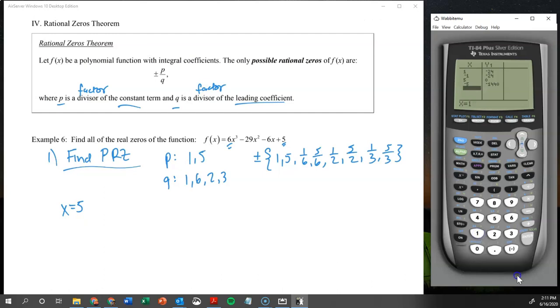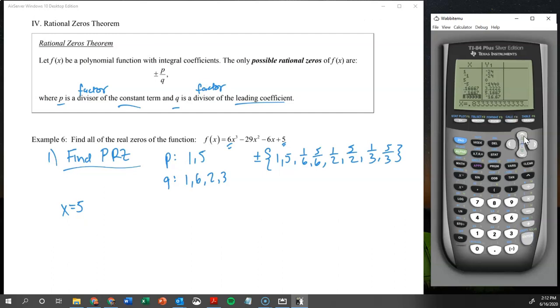Okay, what about 1 divided by 6? That doesn't work. I could try negative 1 divided by 6. I basically just keep trying these numbers until I get one. What about 5 divided by 6? That is not going to be a 0.